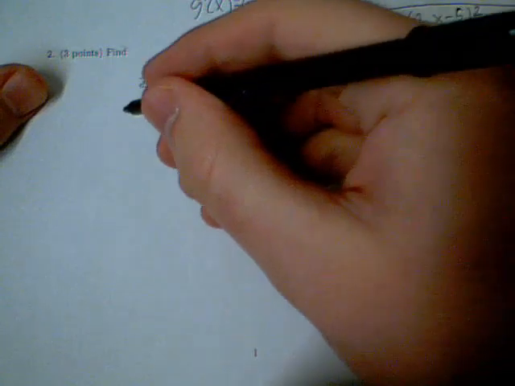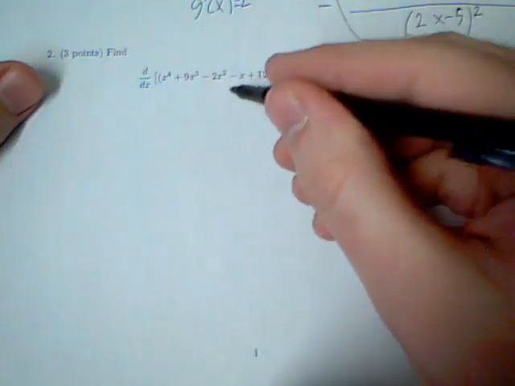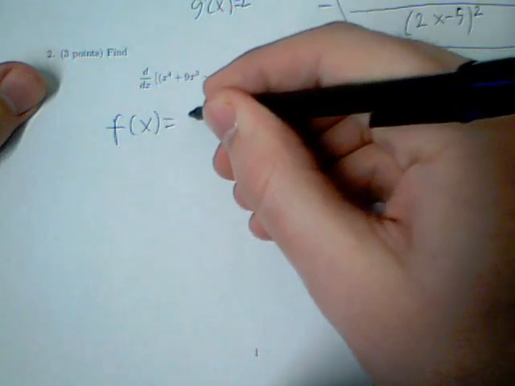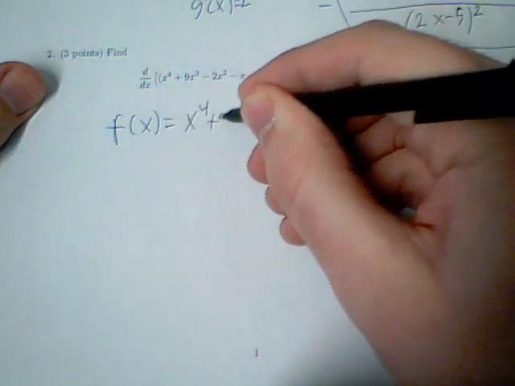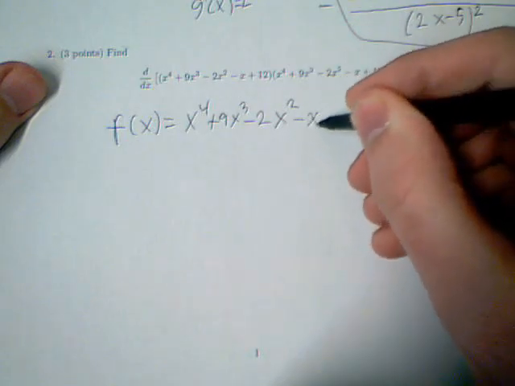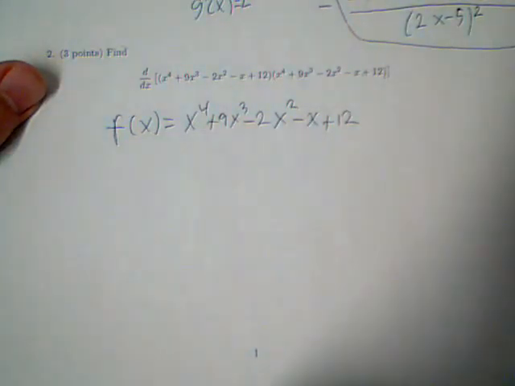So product rule says let's take the guy on the left, call him f. So that's x to the 4th plus 9x cubed minus 2x squared minus x plus 12. Alright.